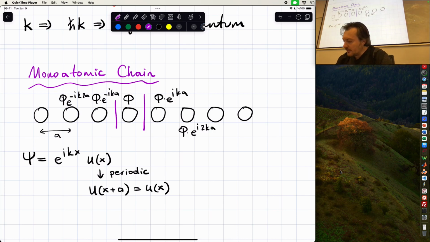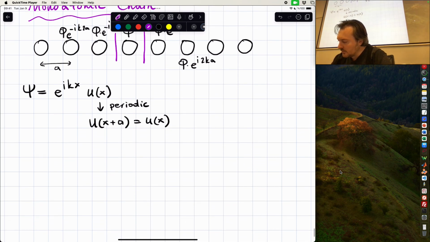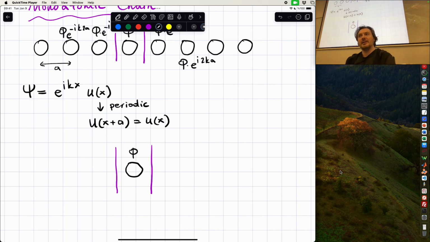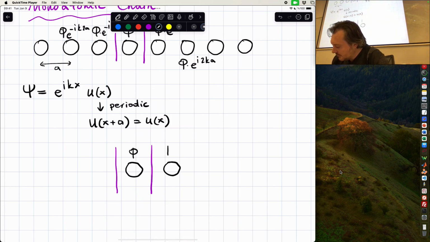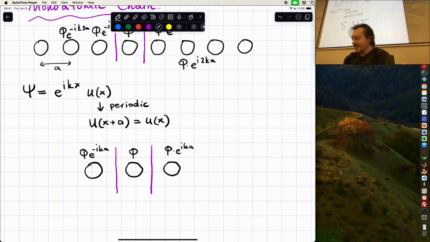Let's focus on that atom and see what that atom sees. What that atom sees is its wave function is phi, or you can call it orbital, whatever you call it. I'm a bit less rigorous today, even less than I usually am in terms of rigor. Do you see? It has two neighbors.